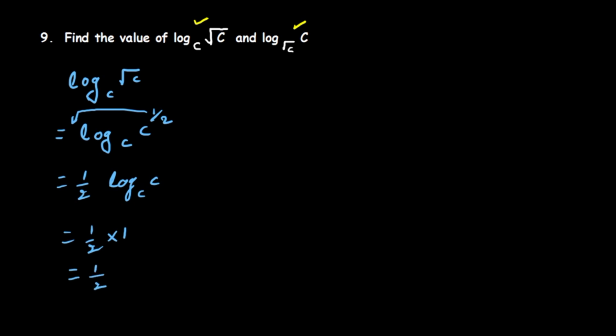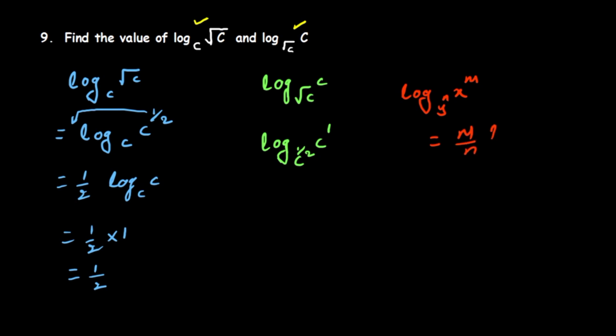Now what about the next one? This is log c base root c. Okay, so how do we write it now? Log c means c to the power of 1, and root c is c to the power of 1 by 2, correct? Now here I am going to use the formula you know very well, that is log x power m base y power n equal to m by n log x base y.